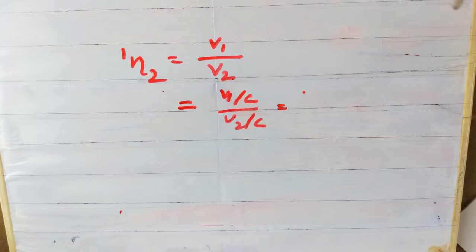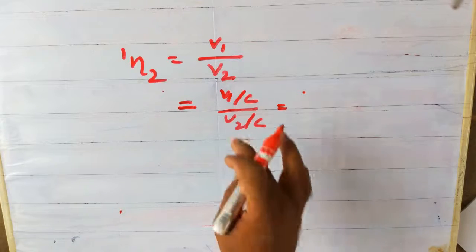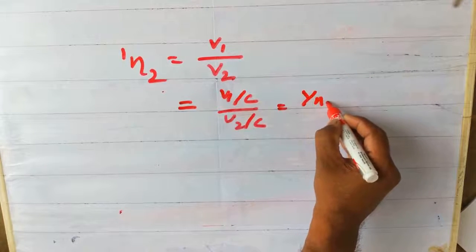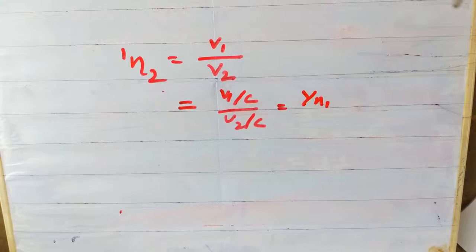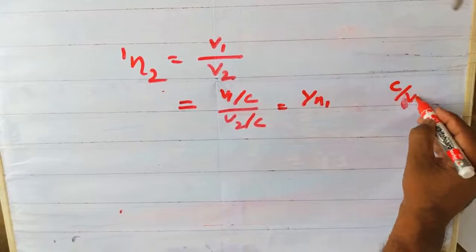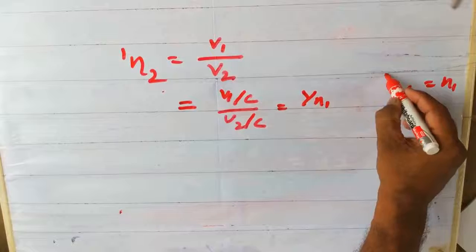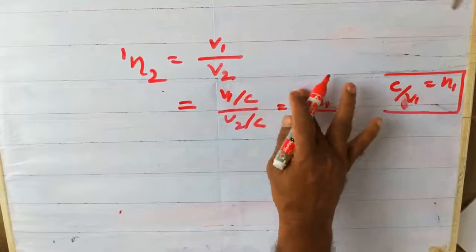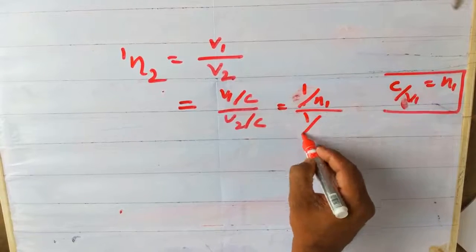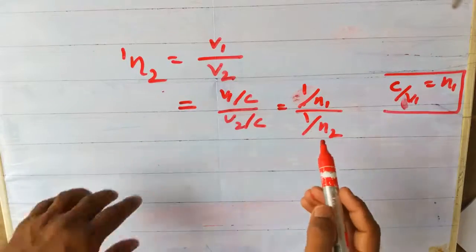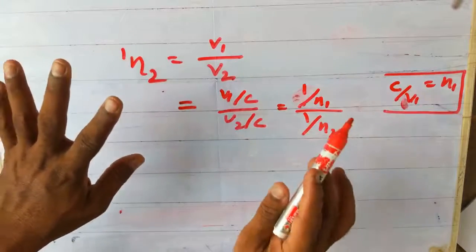C by v1 is equal to the refractive index n1, but in reciprocal, so I can write 1 by n1. Similarly, C by v2 is 1 divided by the refractive index of the second medium n2. Are you getting it now?